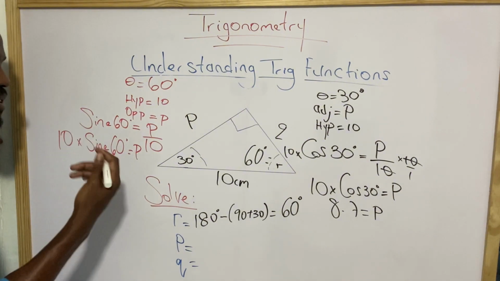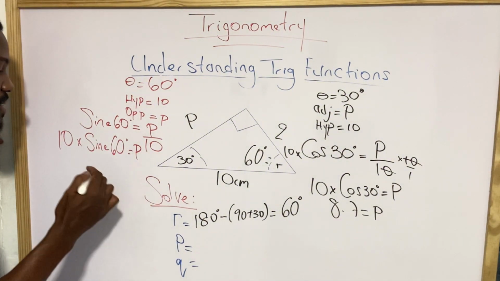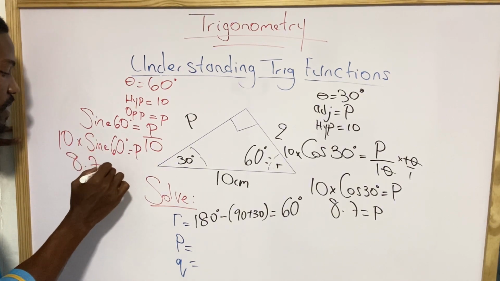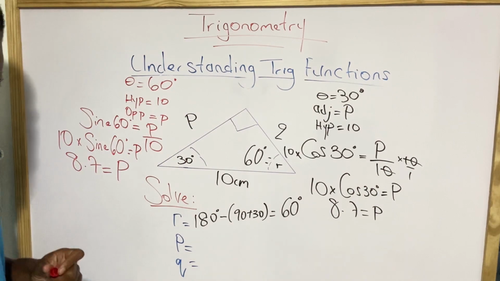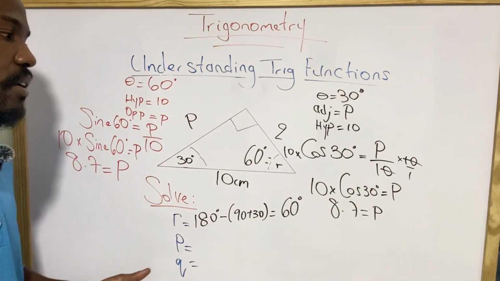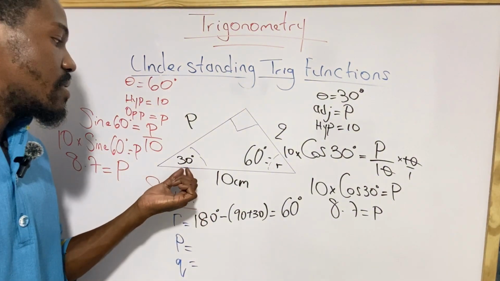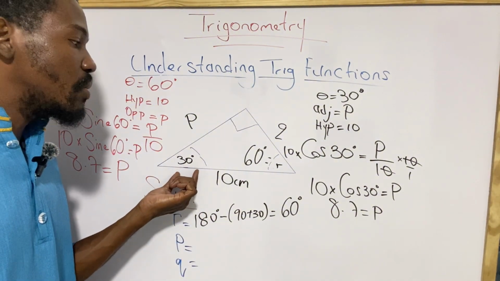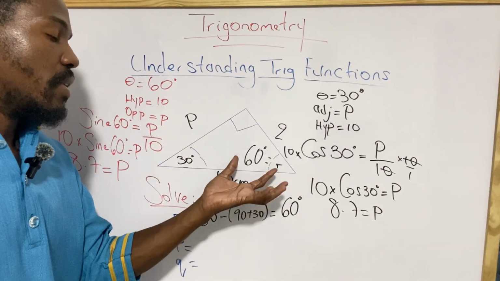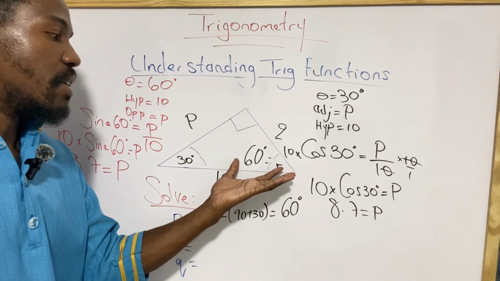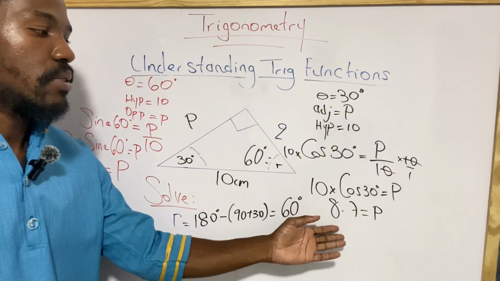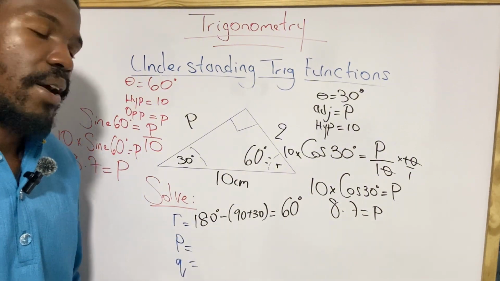And 0.866 times 10 is going to give me about the same answer, 8.7, equal to P. So that's literally how these two work hand in hand, right? If you realize, when theta is smaller and we use the cos to find P, we got 8.7. But when theta is bigger and P is on the opposite side, we use sine, and we saw that too tells us that the length is indeed 8.7.